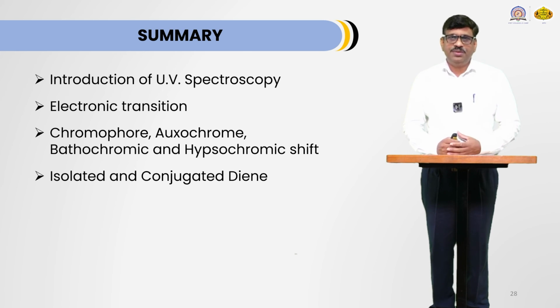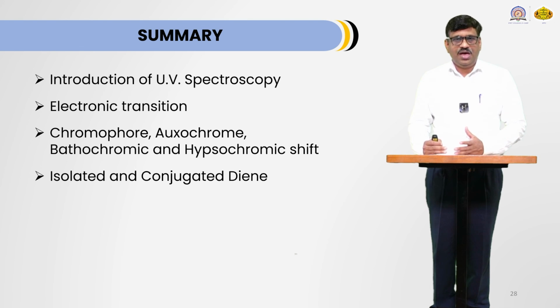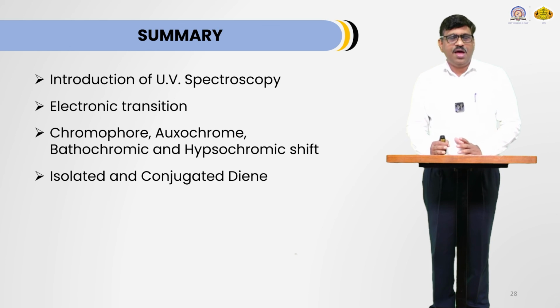Then we have seen bathochromic shift. Bathochromic shift means absorption to higher wavelength. Hypsochromic shift means absorption to lower wavelength. Hyperchromic shift and hypochromic shift, that also we have discussed.